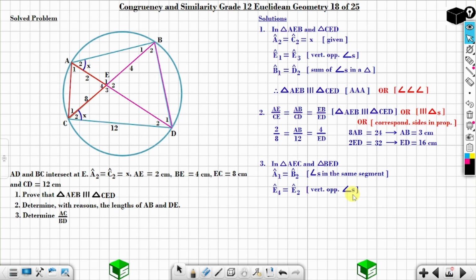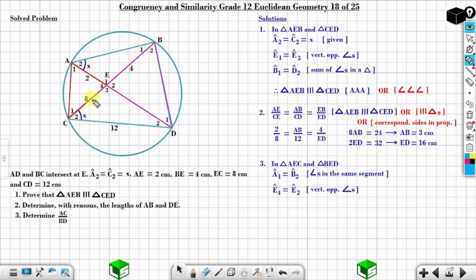After proving that two angles in one triangle are equal to two angles in another triangle, automatically the third angle in one triangle is equal to the third angle in the other. Let me show you.